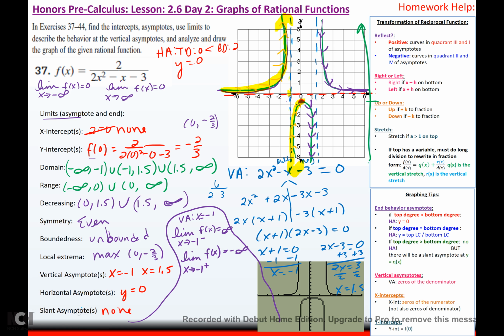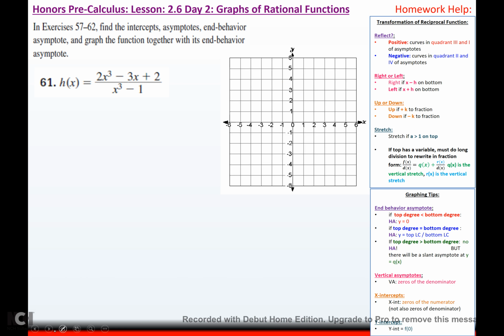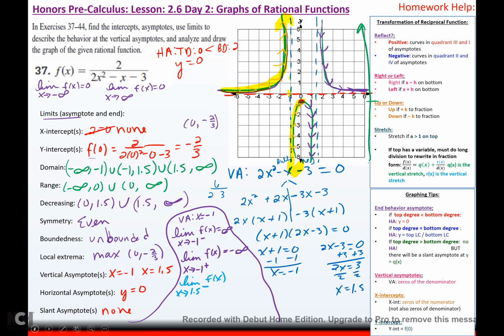Okay, so I'm going to take the limit as x approaches 1.5 from the left. Sorry, I'll get a different highlighted color here.